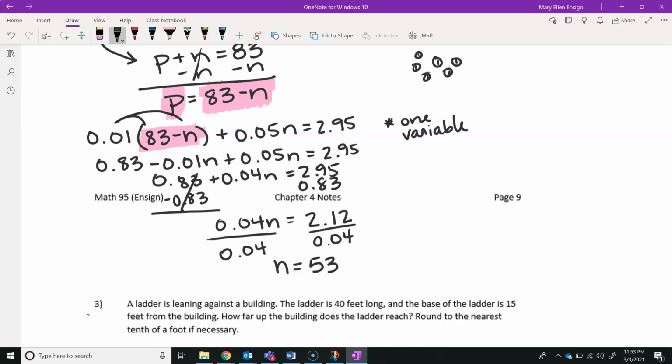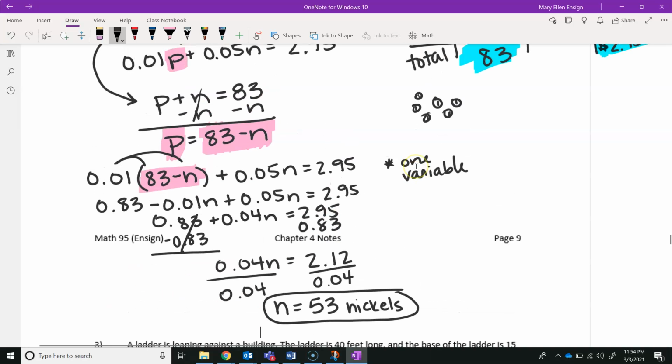I have no memory of what I was talking about, like 53 what? So think back, we're talking about the pennies and the nickels, so n is 53 nickels, okay? Also notice the spelling, it's E-L-S, not L-E-S, not like pickle. So 53 nickels.